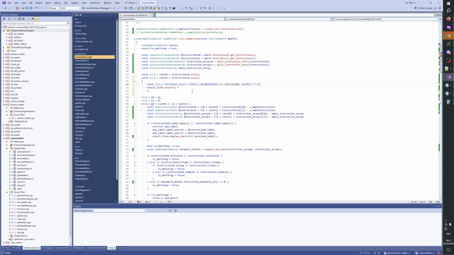Static cast size_t, double std max times 1.2. Yes, I think that's generous. Reserve estimated count.